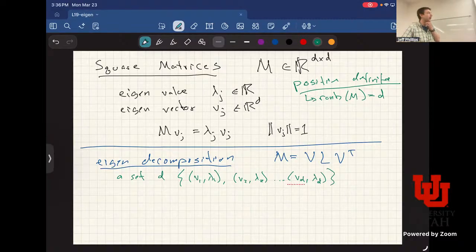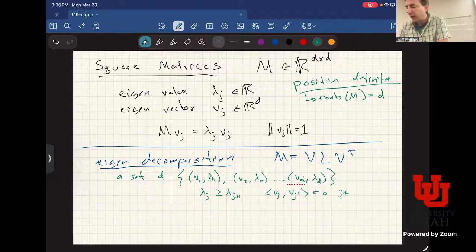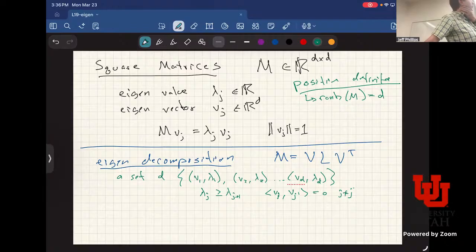These d pairs have the property that lambda j is greater than or equal to lambda j plus 1, so they are in decreasing order. And Vj dot Vj prime is equal to 0 for j not equal to j prime. So all the eigenvectors are orthogonal to each other, and the eigenvalues, the lambdas, are in decreasing order.